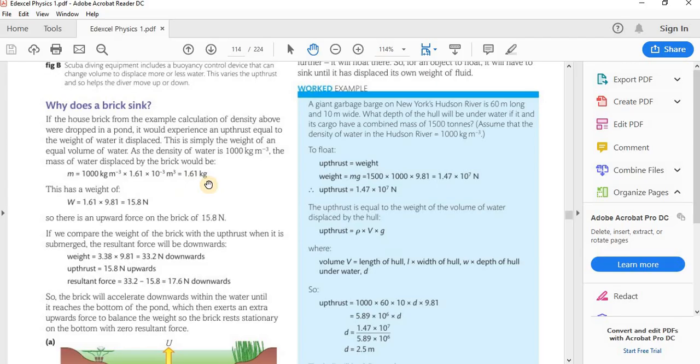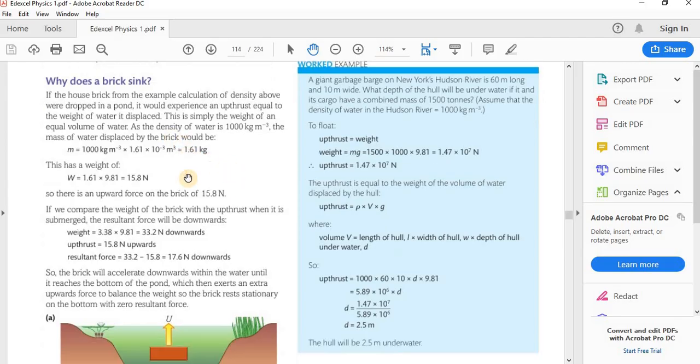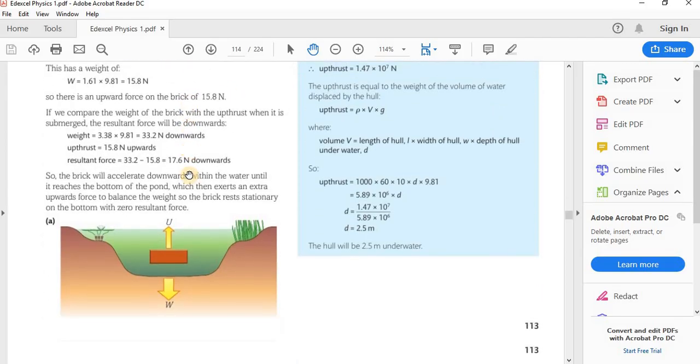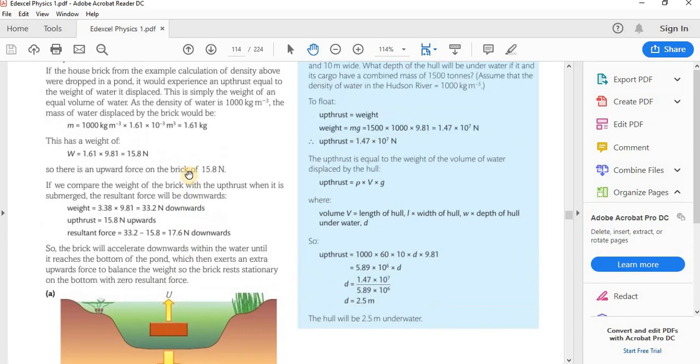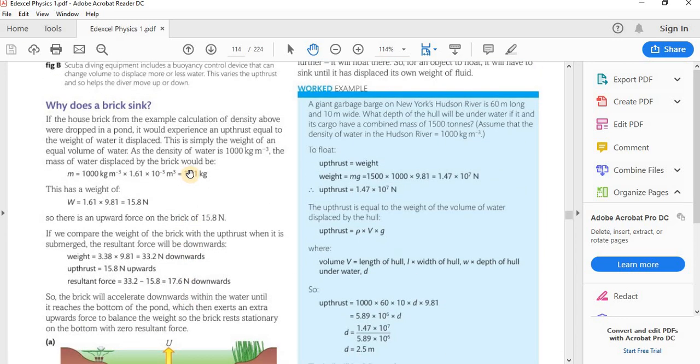Okay, so there are some calculations here. Why does a brick sink? And you can also calculate the value of the upthrust. Now, like I said before, the upthrust is equal to the weight of fluid displaced, and they are calculating the upthrust. So the mass of the liquid displaced is the density times the volume.